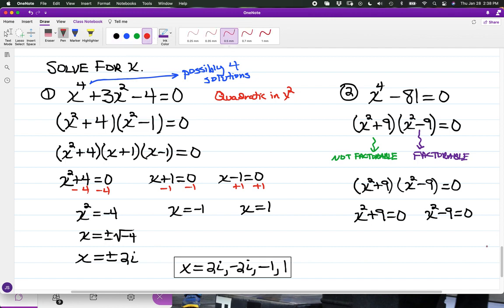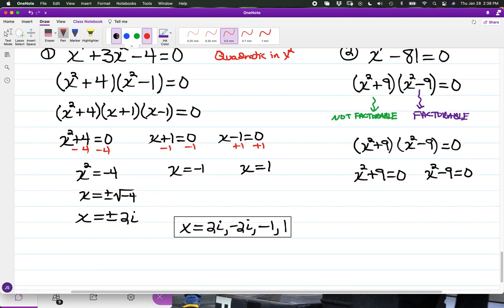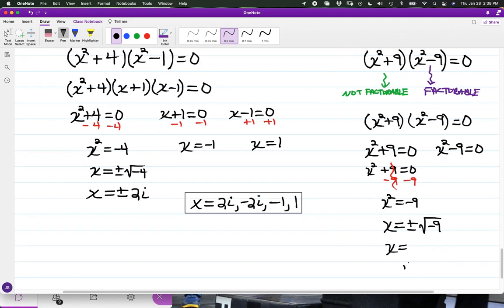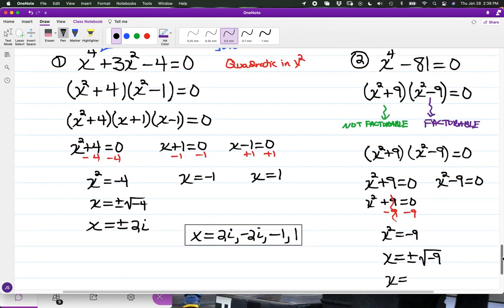If I isolate the x squared terms, for x squared plus 9 is equal to 0, if I take 9 away from both sides, we have x squared is equal to negative 9. With the square root property of equality, we have x equal to plus or minus the square root of negative 9. And so in this case, x will be equal to plus or minus 3i.